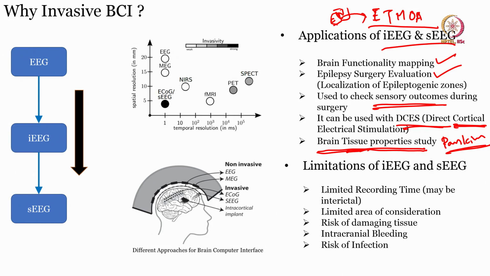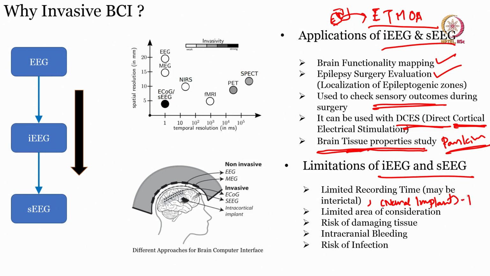Also, there are some limitations of invasive EEG techniques. Recording time would be limited. You cannot completely open your cortex for a longer duration of time. If you want to, you can use neural implants. The MEA would be inside your head and you are covering it up.